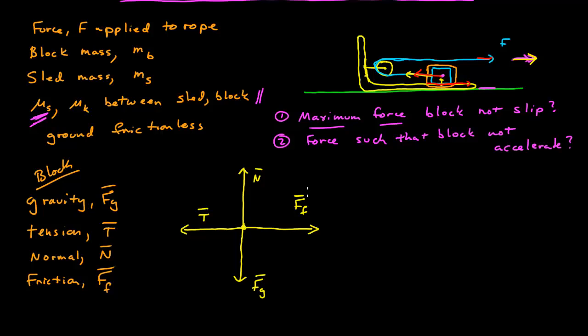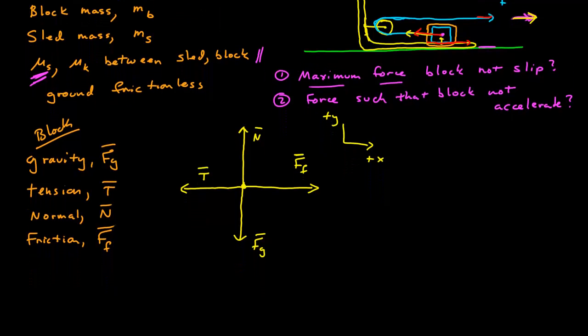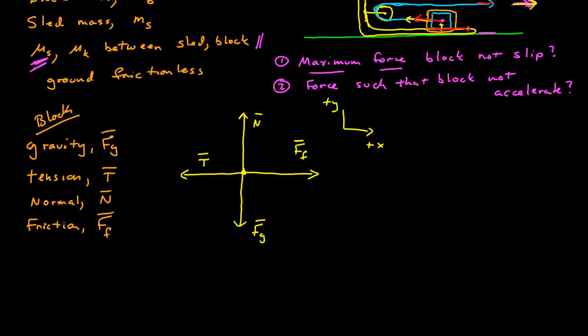All right, so now I need a coordinate system. We'll call to the right positive x. We'll call up positive y. And so now everything is along the axes, which is convenient, so I can now sum the forces. So I have this force due to gravity.